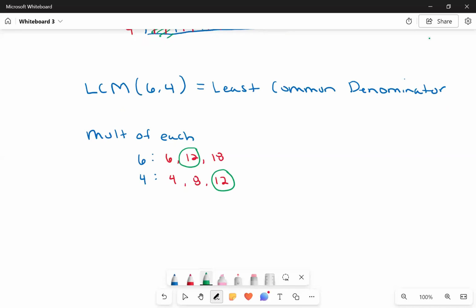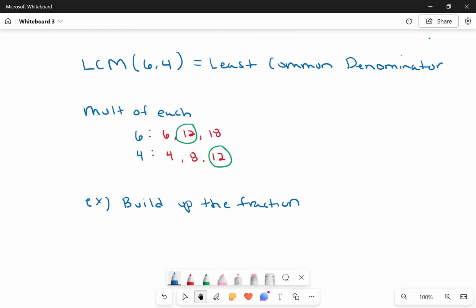If we want to take our two fractions from our starting moment, we can build up the fractions using the fundamental rule for equality of fractions.